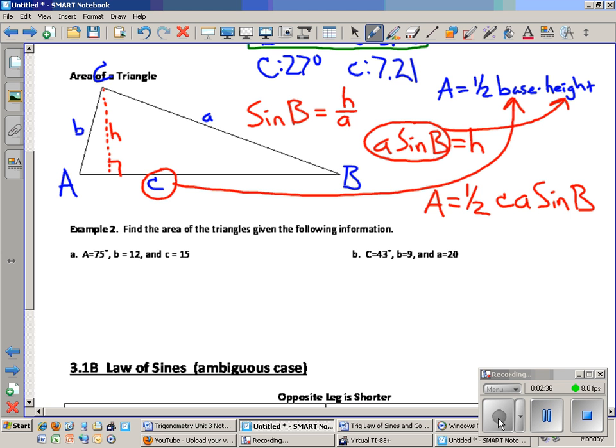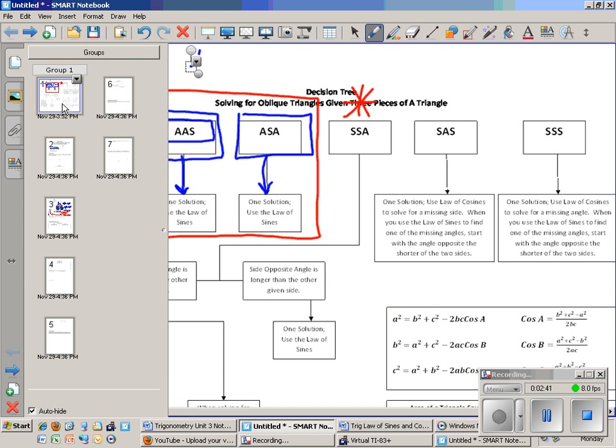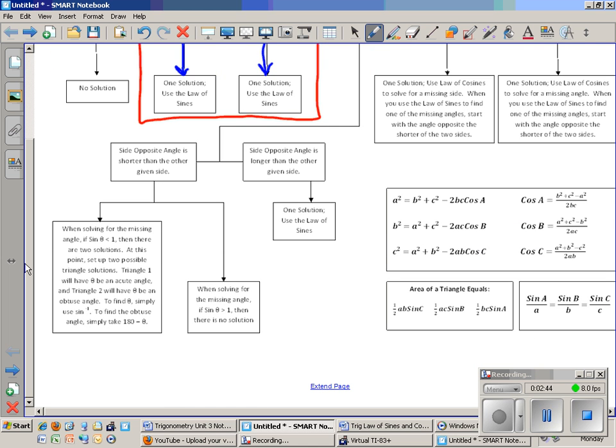Now, there's different ways to write that. If you take out your sheet from before, your lifeline sheet as we call it, you can see down here at the bottom, area of triangle equals 1/2 AB sine of C, or 1/2 AC sine of B, or 1/2 BC sine of A. The whole idea is that you're given two sides and the included angle in order to solve for the area.